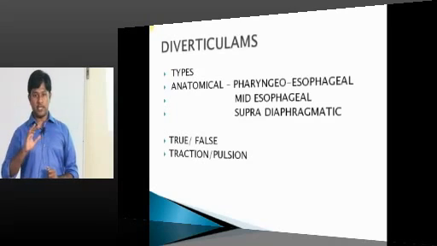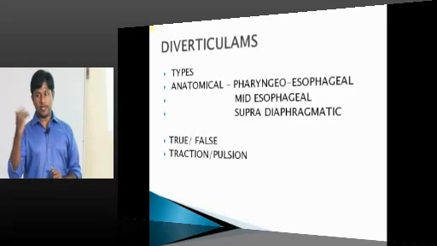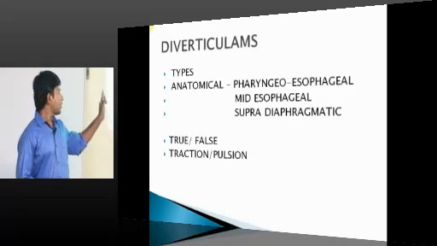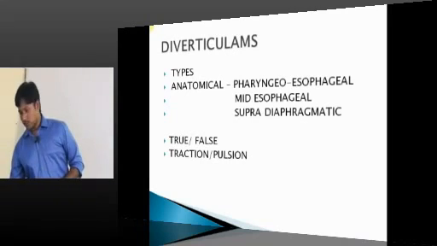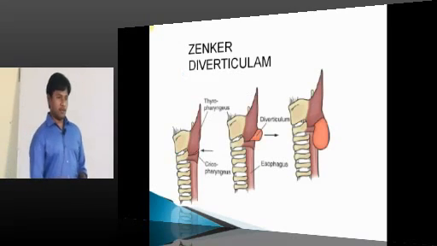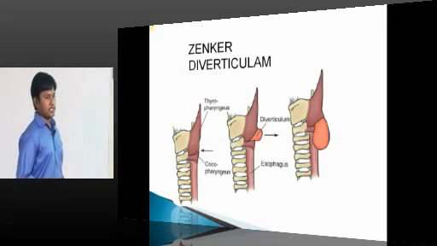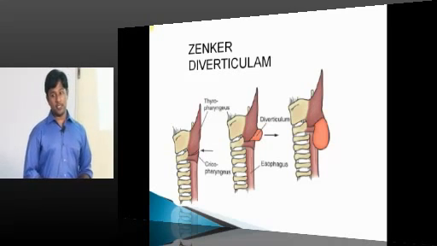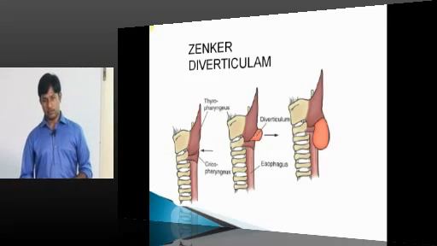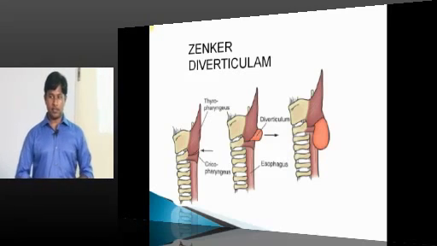First, let us be clear with our English. Traction. So, we will discuss these diverticula. Of course, the most important diverticulum, discovered by Zenker, is the Zenker's diverticulum. Why does this Zenker's diverticulum occur? Where does it occur?